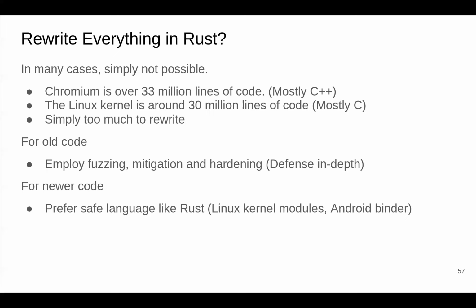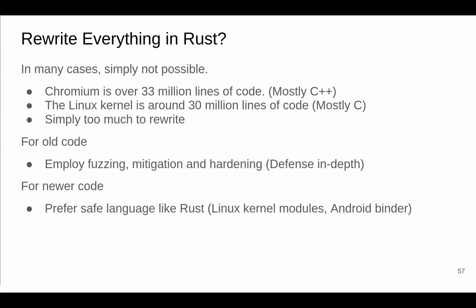The Linux kernel is another 30 million lines of code. It's just too much to rewrite, and by rewriting them, we would introduce a lot of bugs that may not be memory safety bugs, but all the other types of logic bugs, as in how to handle certificates, how to decode image formats, how to safely store and update information, how to manage different data types and whatnot.